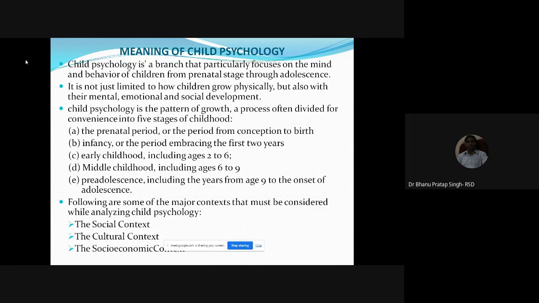So first, know what is the meaning of child psychology. Child psychology is a branch; psychology is the holistic term and child psychology is one of them, and it focuses on the study of behavior of the child from prenatal stage to adolescence.